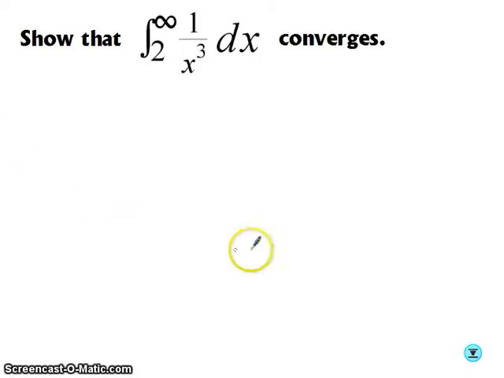Let's see, do we have another one? There you go. We have another problem there that we can look at. See if you can set it up yourself from what we just talked about.